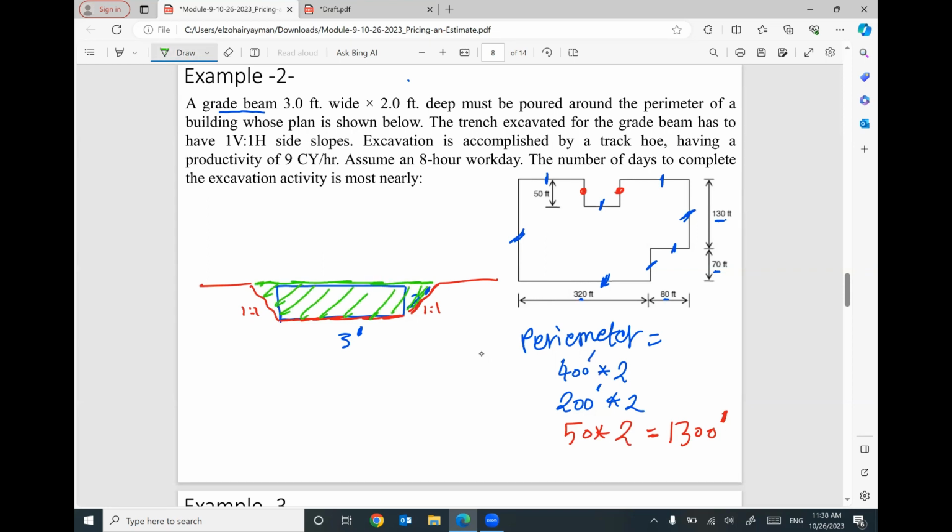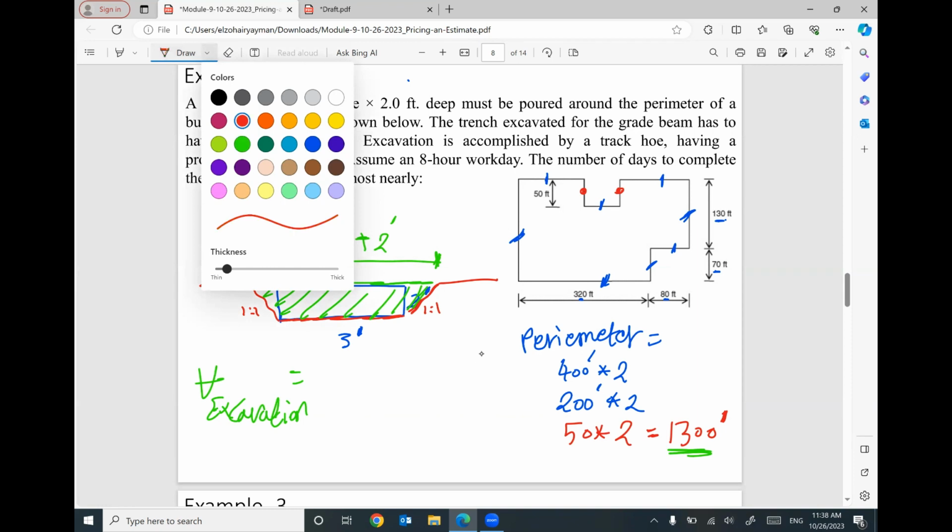And this area will go through the perimeter of this area of land, which is 1,300 feet. So the total volume of excavation will equal this top width equal 3 feet plus 2 plus 2.